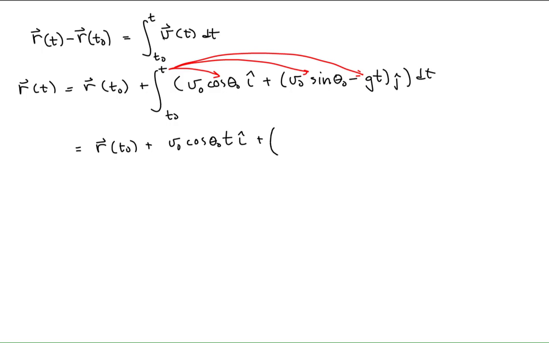For the first term in the y component, we get v naught sine theta naught t, because v naught and theta naught are constants with respect to t, minus 1/2 gt squared. And both components are evaluated from t naught to t.